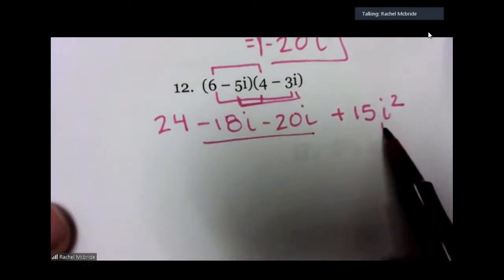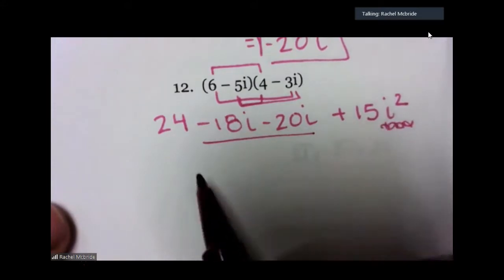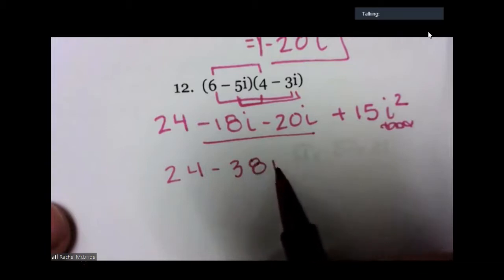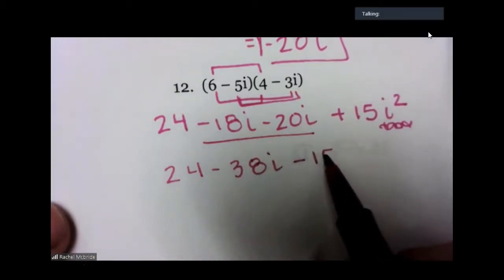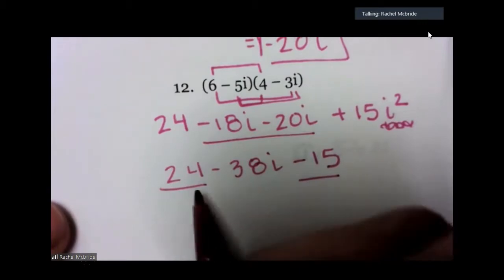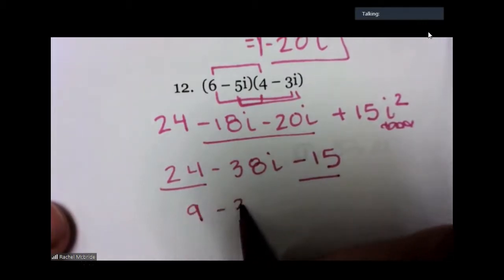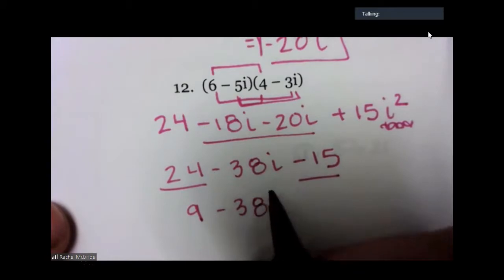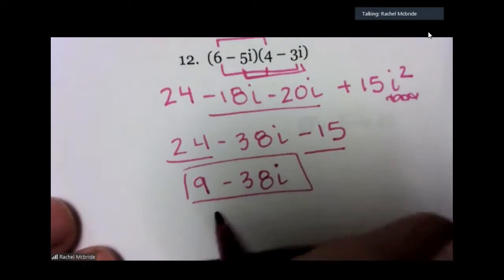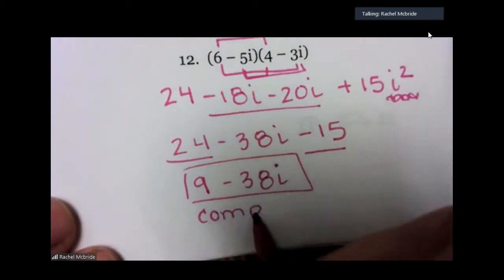Group your i's, change your i squared. Group your numbers. And there is your complex number.